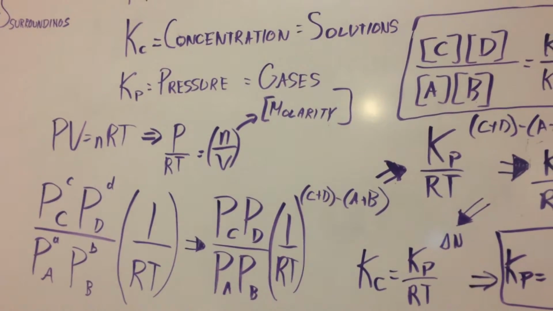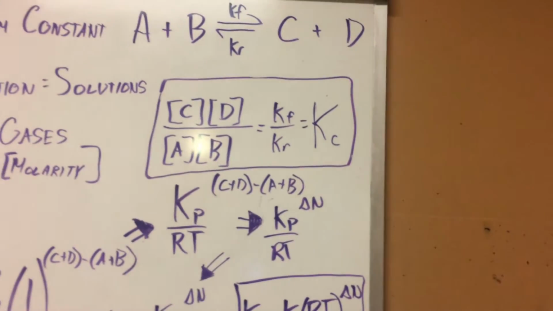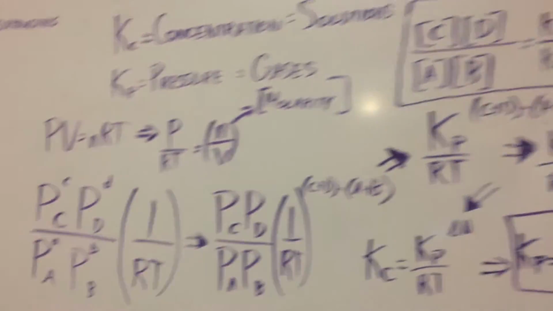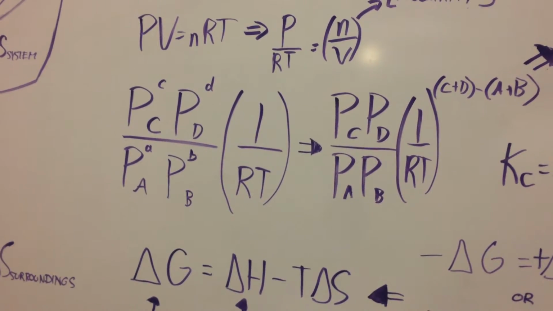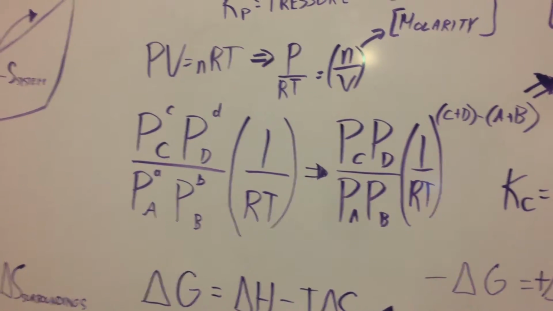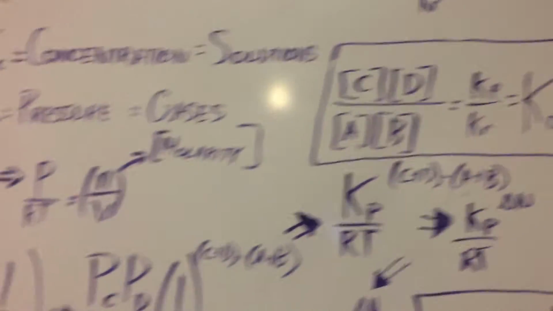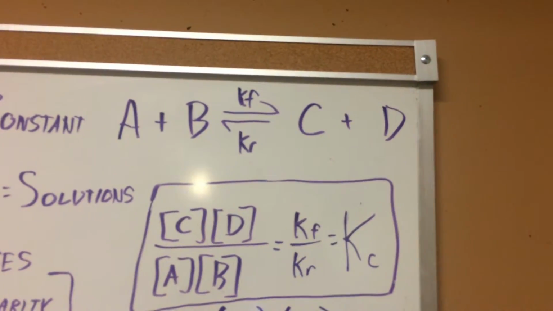Now, if you want to change this P over RT into the molarity of the Kc, you would then have Pc times Pd over Pa and Pb. The exponents c, d and a, b would be the coefficients for the products and the reactants.